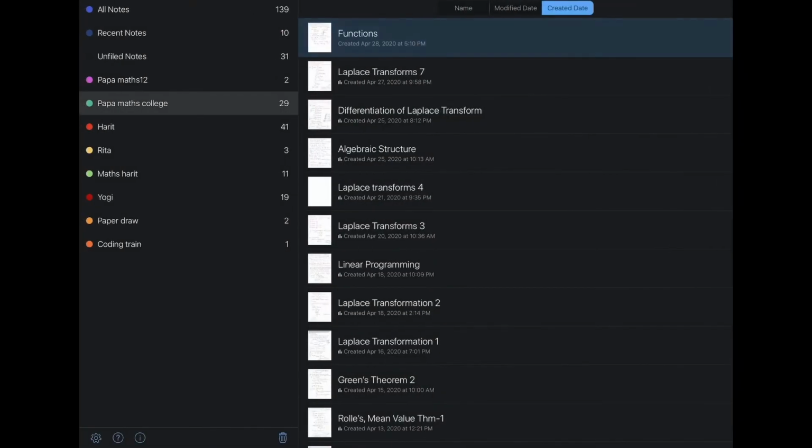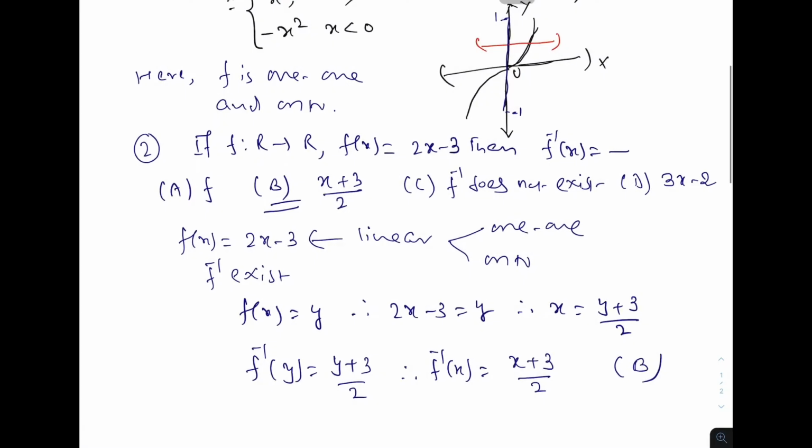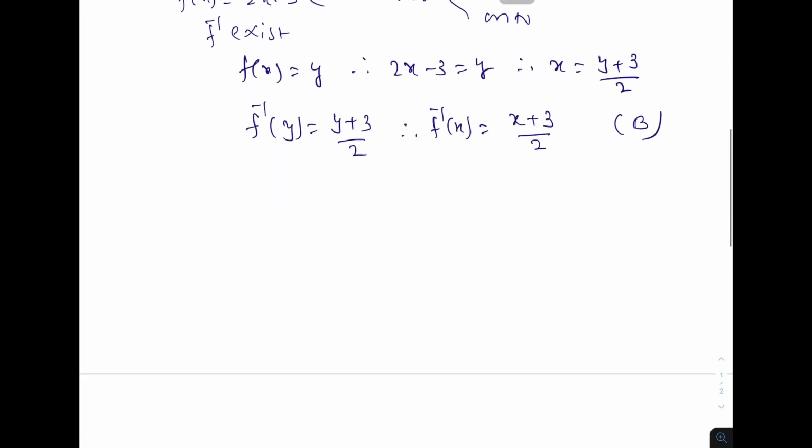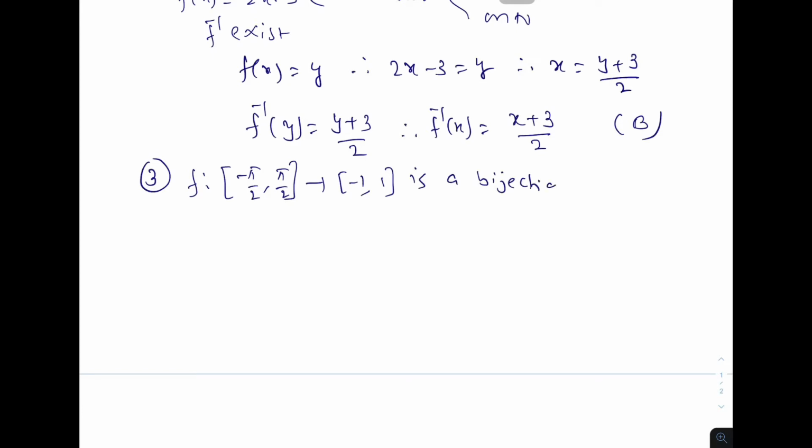Okay, next let us see. f from the closed interval minus pi by 2 to pi by 2 to minus 1 to 1 is a bijection if f(x) is blank.